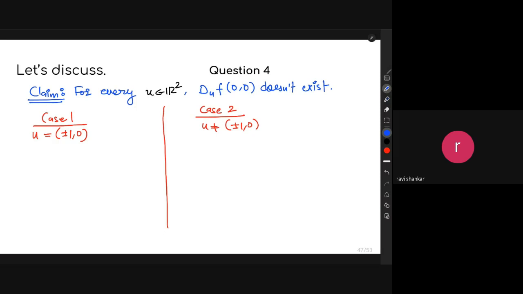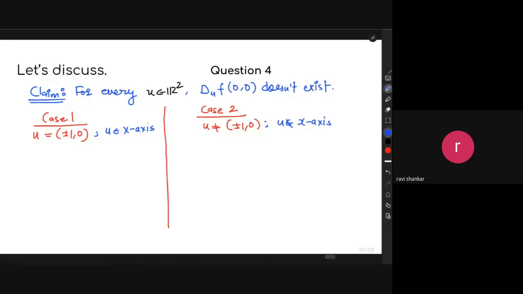This means that u is on the x-axis, and this means that u is not on the x-axis.